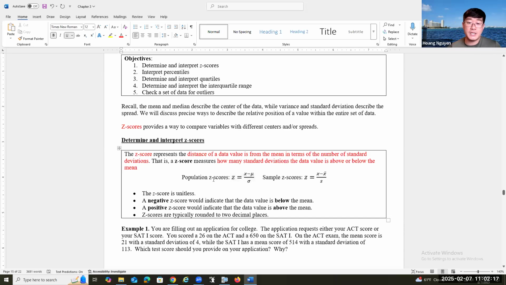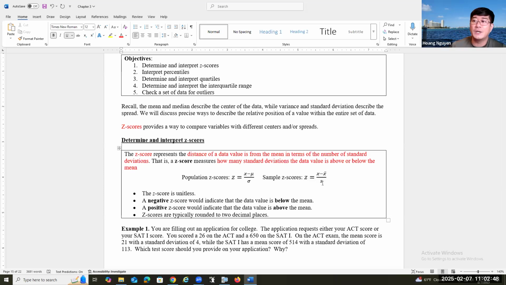The population z-score uses the population parameters: z equals x minus the population mean divided by the population standard deviation. Similarly, we can replace these with the sample notation: the sample z-score is equal to x minus the sample mean x bar, divided by the sample standard deviation s.